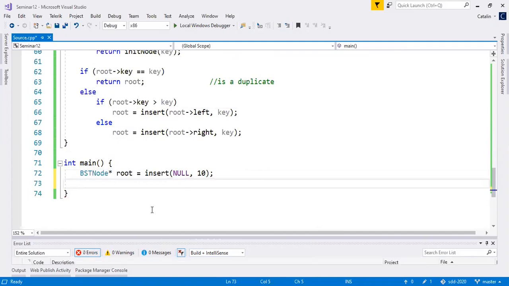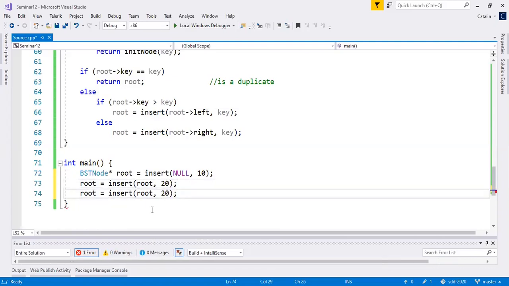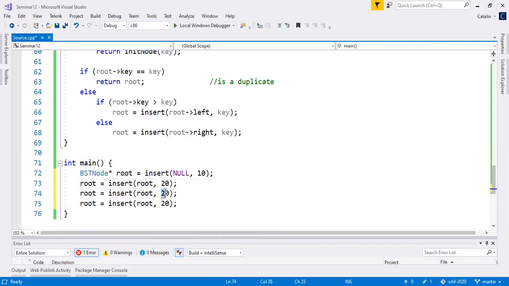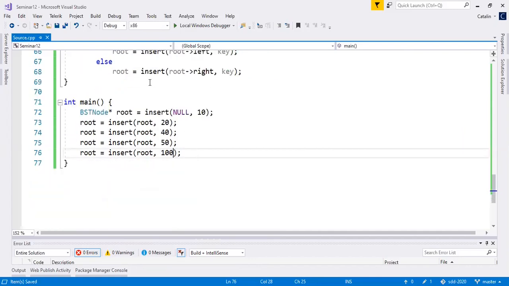And after that I will write root equals insert into root 20. Let's add duplicate keys. So we will test with this one, 40, 50, and another one, 100. So now the tree will be unbalanced. It's like a simple linked list. Let's print it.